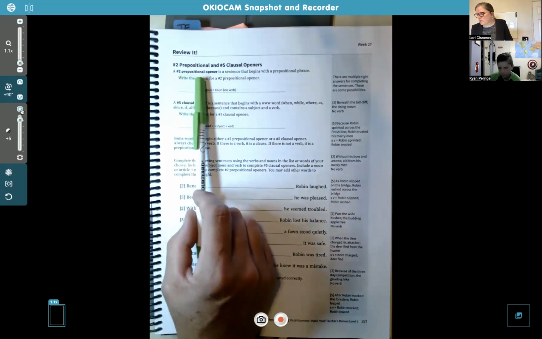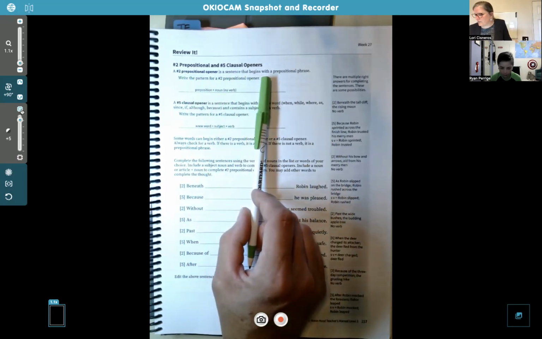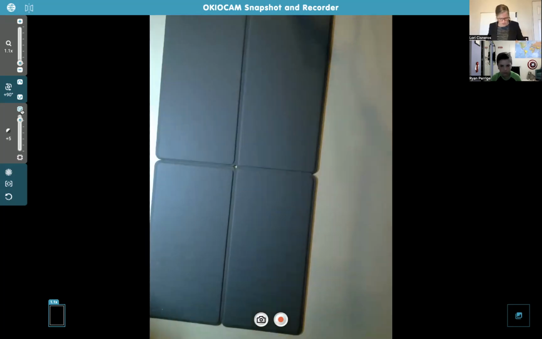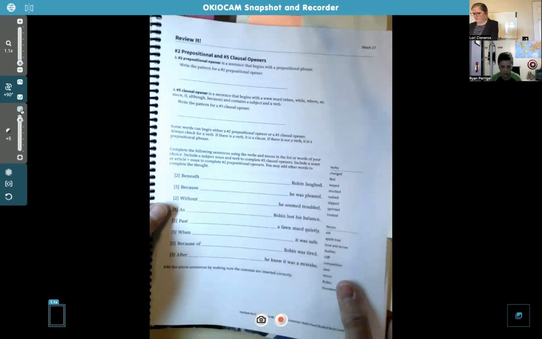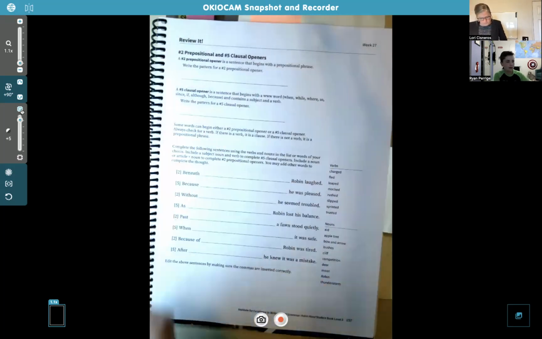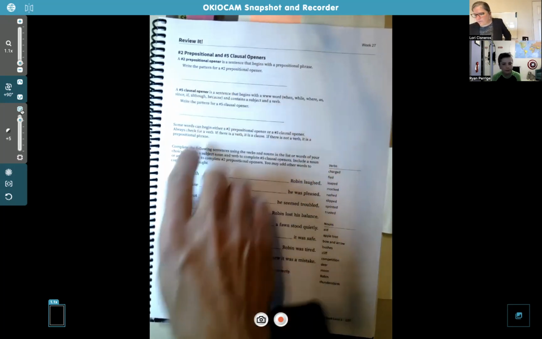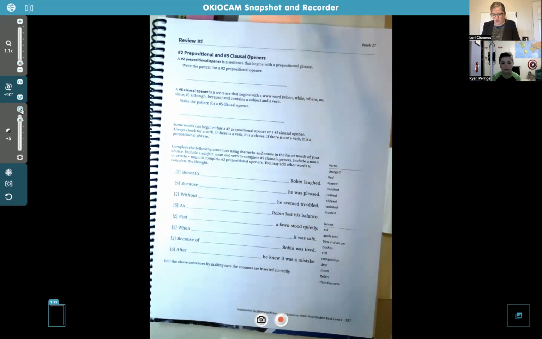A number two prepositional opener is a sentence that begins, let's see, I'm showing you the teacher's edition here. Let me switch that. There we go. That begins with a prepositional phrase. And it says, write the pattern for a number two prepositional opener.